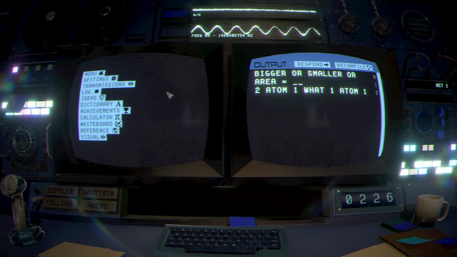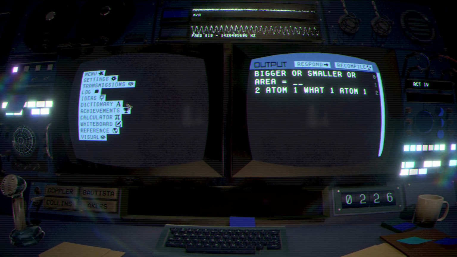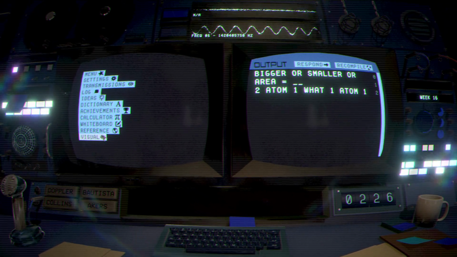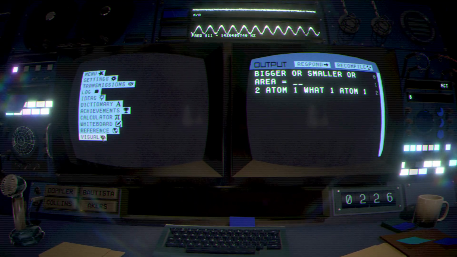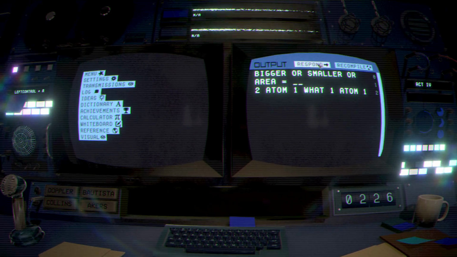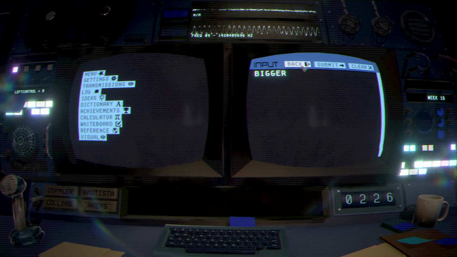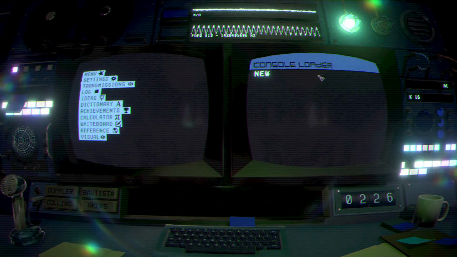You know what they're saying. Just go with 2 atoms are bigger than 1 atom. Okay.